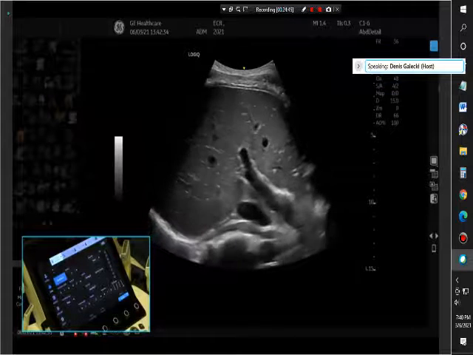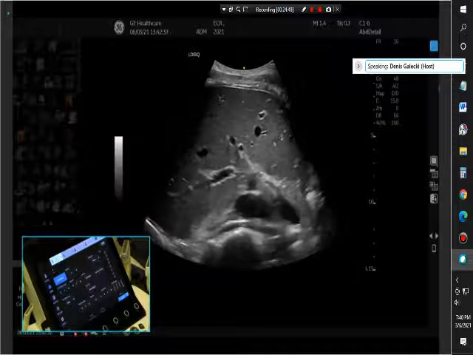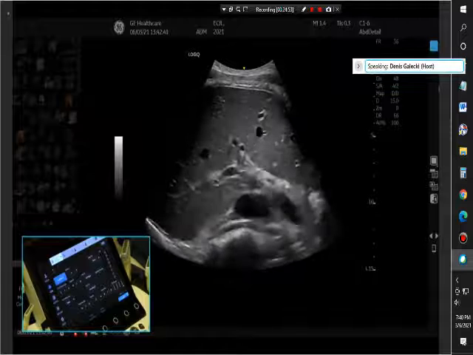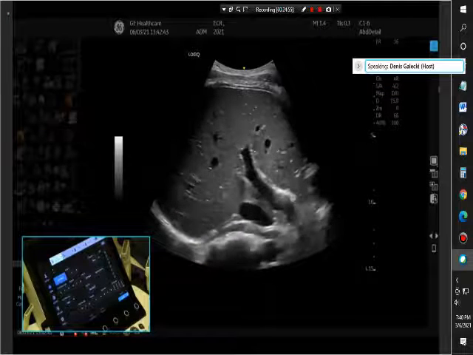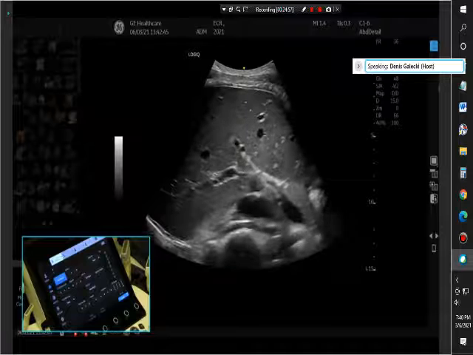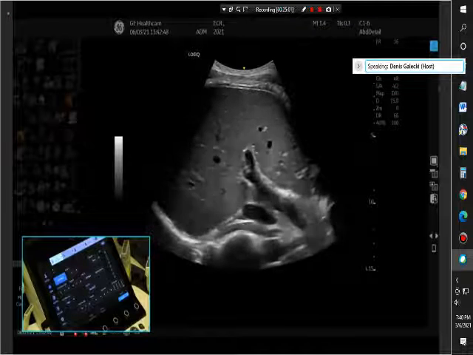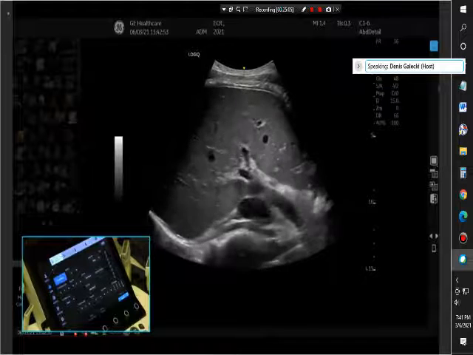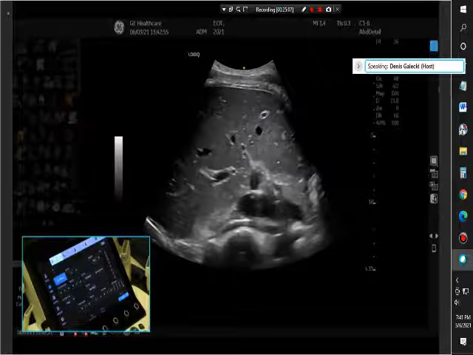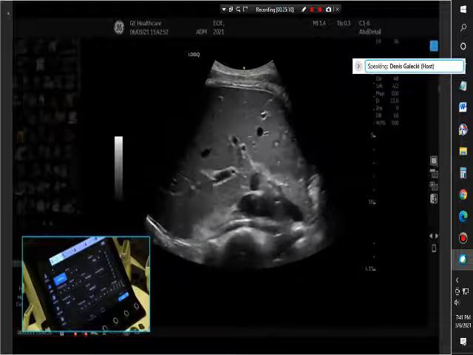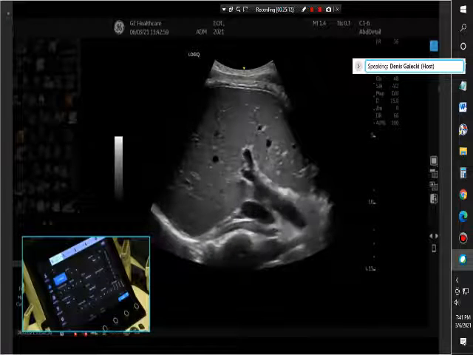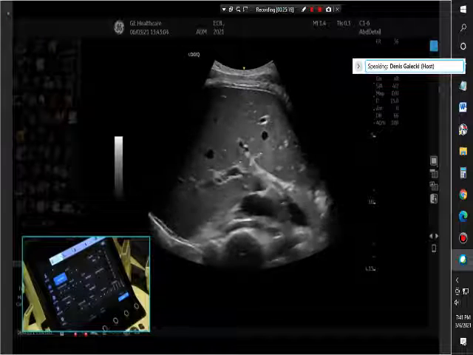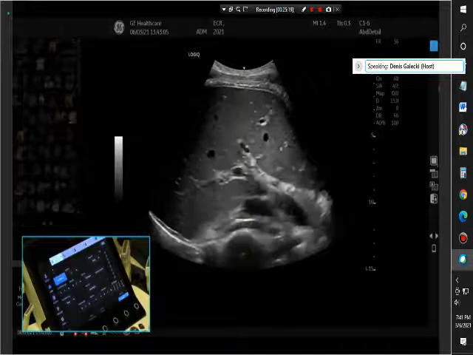We have a high level of contrast resolution, high level of spatial resolution, for example, here the tiny vessels, great image uniformity from the near field to the far field, and finally, a great penetration. In this case, we are scanning up to 15 centimeters by using 6 megahertz.